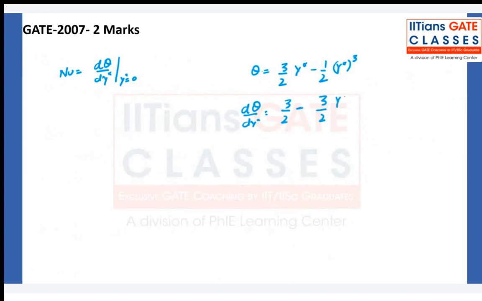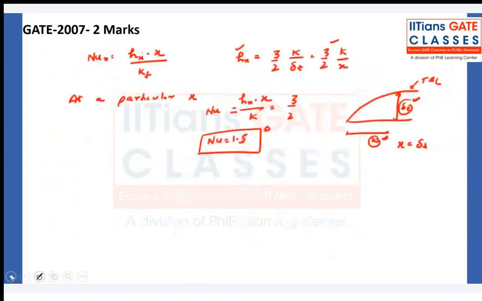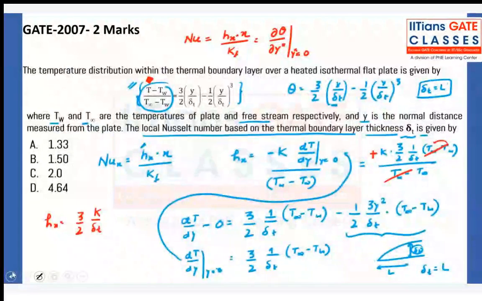Now I need to calculate d theta by dy star at y star equals 0. It will be equal to 3 by 2, and it is also equal to the Nusselt number. Nusselt number is 1.5. If you already know this formula, you can directly apply it. Otherwise we can also solve it normally like we did. Okay, let's move on.